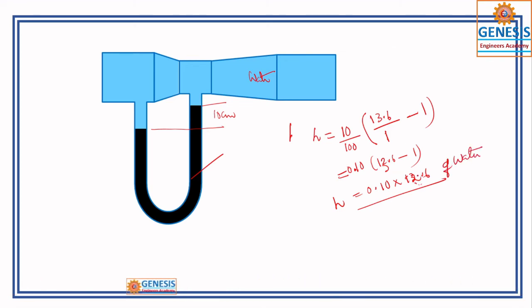If any oil is there, that will be oil. So that has to be used to find out the critical discharge in a venturi meter or orifice meter, wherever you can find out the difference of pressure. Here you don't need any left limb, right limb calculations.